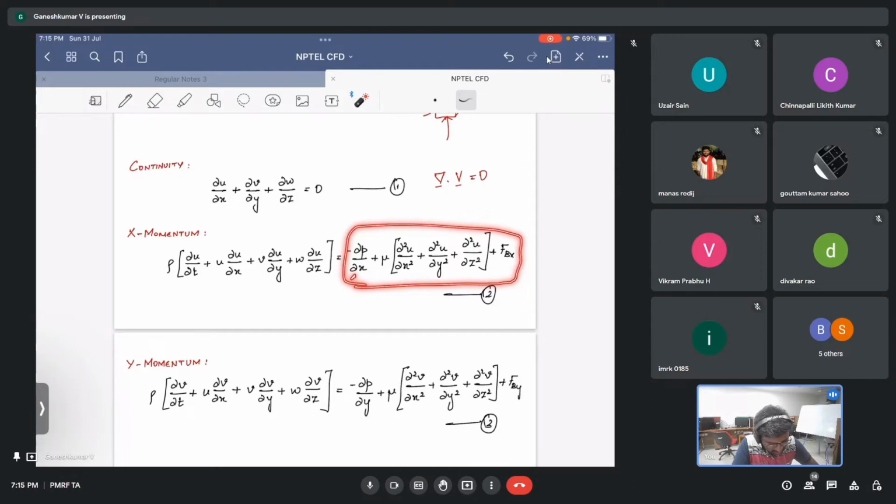The pressure is what drives the force, so this is a pressure force. You can see mu is the viscosity, so this is a viscous force, and this is a body force. If you have any body force like magnetic force or gravity along the x direction, you need to add these forces.